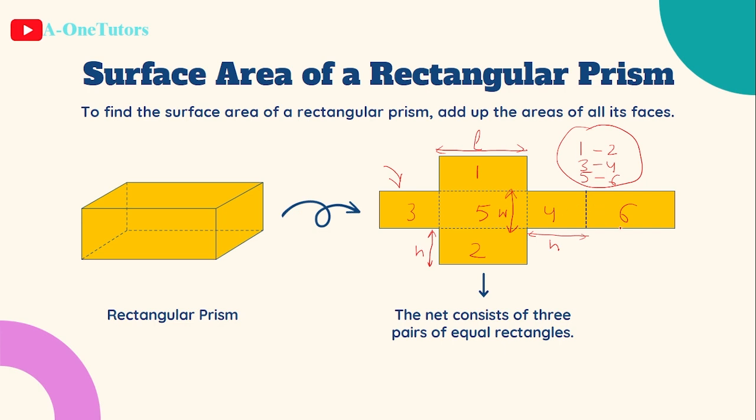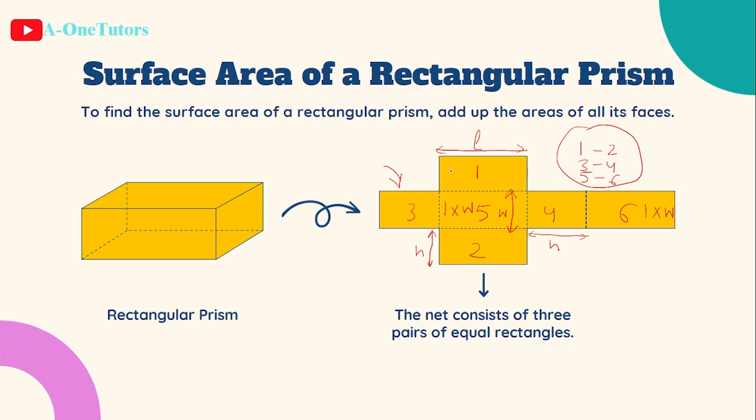Moving forward with finding the area of each face to solve the surface area of the whole rectangular prism, this area will be length times width. This one is also length times width.